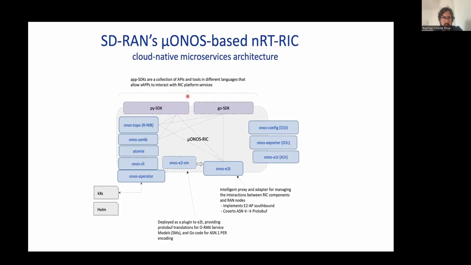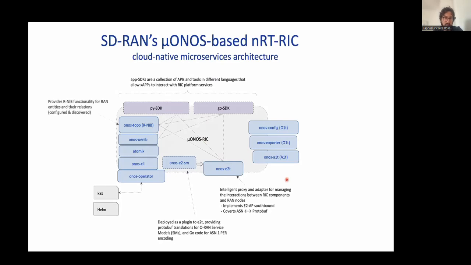In this case, an SDK was defined in Golang and another one in Python. What these SDKs allow is the definition of all the tooling so that the XApps can interact more easily not only with ONOS E2T, but also with the other components in the SDRAM project.